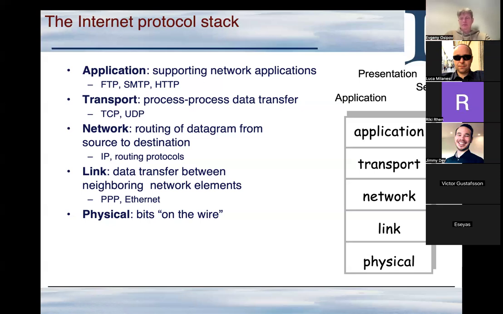The physical interface is a network card which is attached to your local area network. And on a local area network you have functionality which is responsible for transfer of data within physical proximity of your node, of your computer.